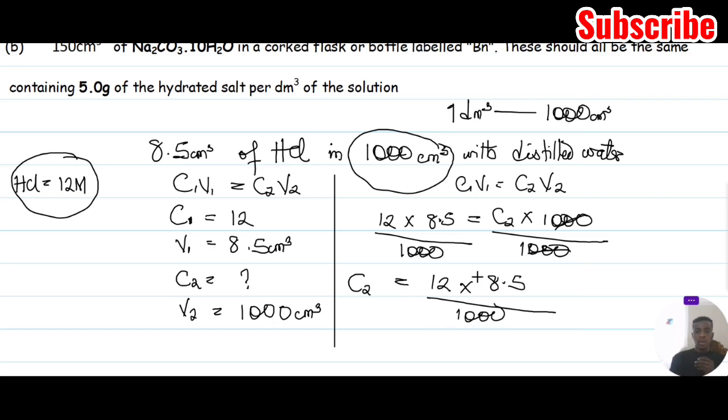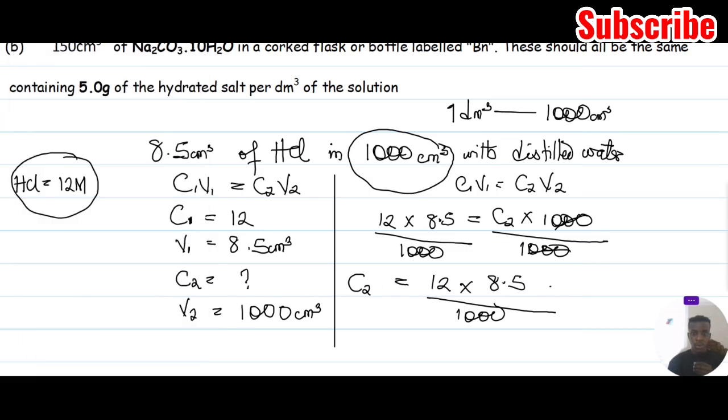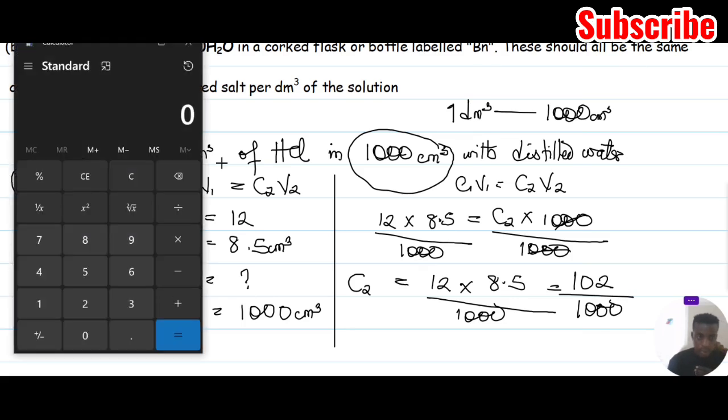So when you do that, 12 times 8.5 over 1000, let me pop out my calculator. 12 times 8.5, you see it is 102. We have 102 divided by 1000.